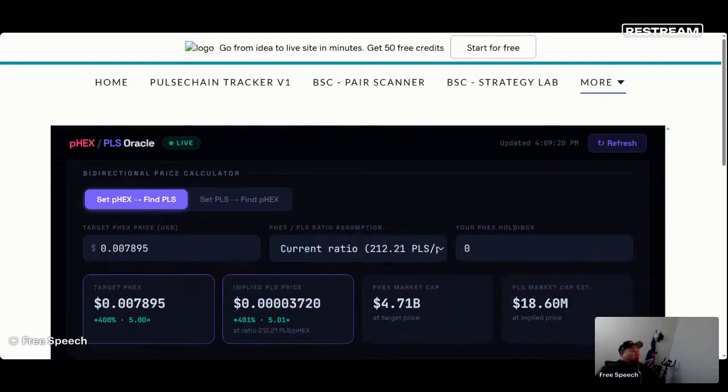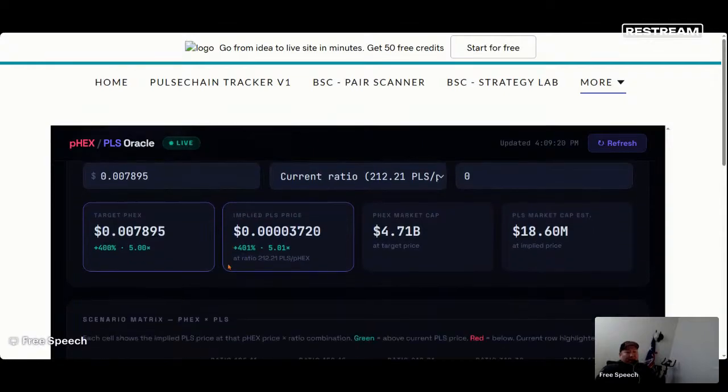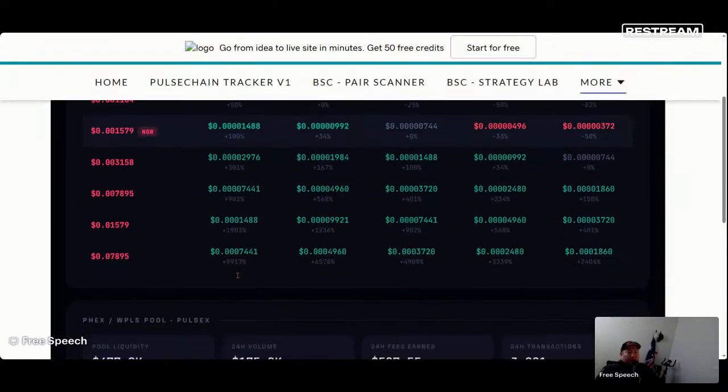So that's what I think I'll look at next. Even without it though, it'd be just crazy to see what would happen at a HEX of $1, because this is just HEX on PulseChain. Everything else on the chain will be floating to the surface in prices like that.